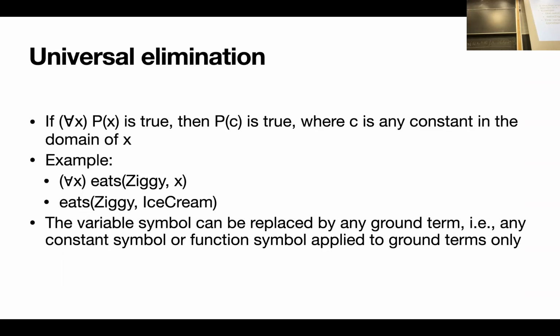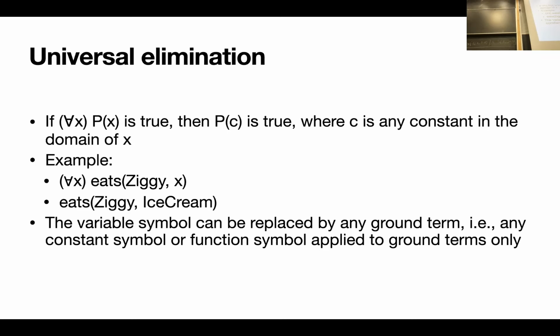For example, for all x, eats Ziggy x, we can infer eats Ziggy, ice cream, or eats Ziggy, pasta, as long as we have those in our domain. So we can replace the variable x with any instantiation when we have these universal operators.